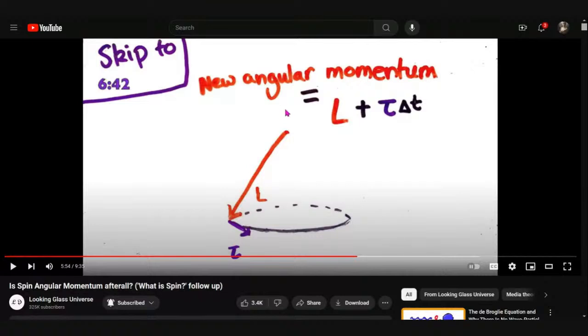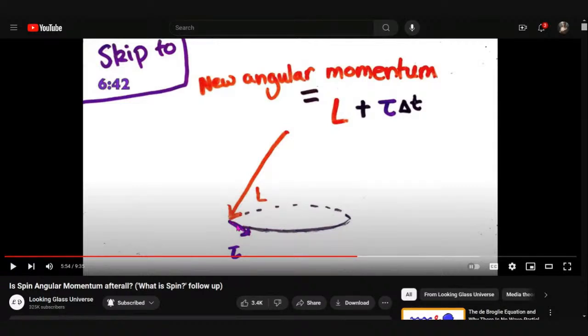So just the force. What is the force? Just look at the force. This is the force. This is not the torque. Is it? It's dL. This is dL. This is dL/dt.